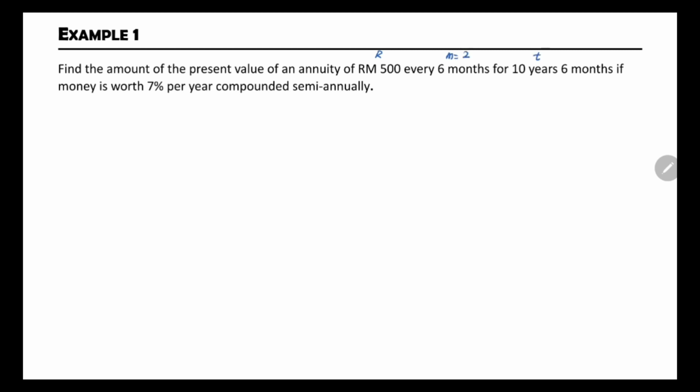So this is t, if money is worth 7% compounded semi-annually. R is 500, j is 0.07, t is 10.5 years, i is 0.07 over 2, 0.035, and n is 2 times 10.5 equals 21.